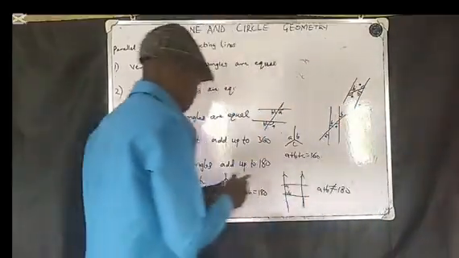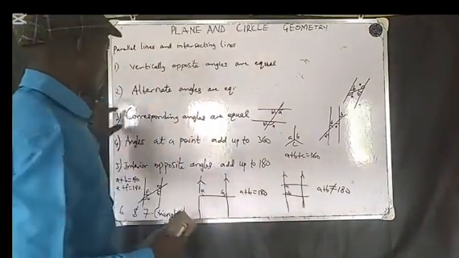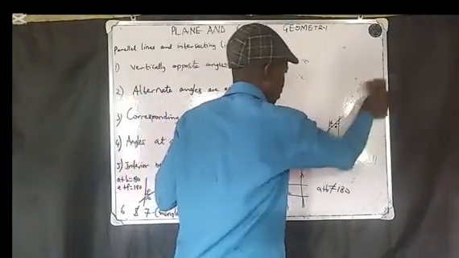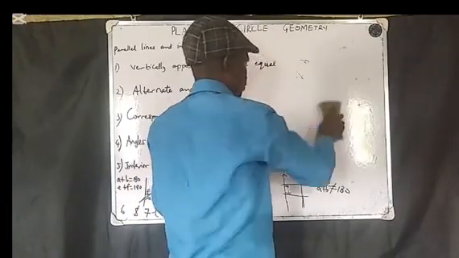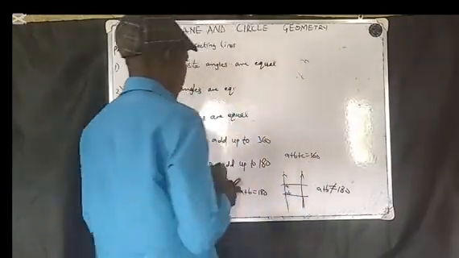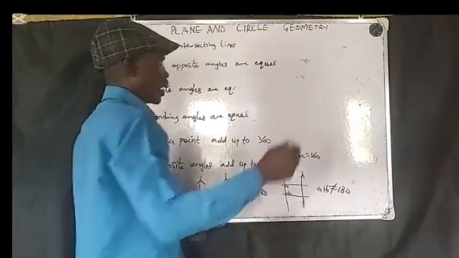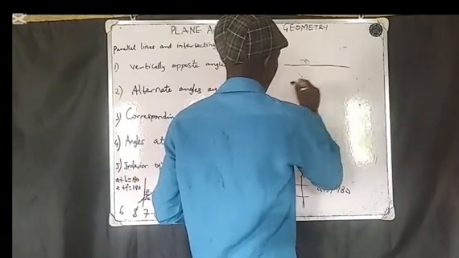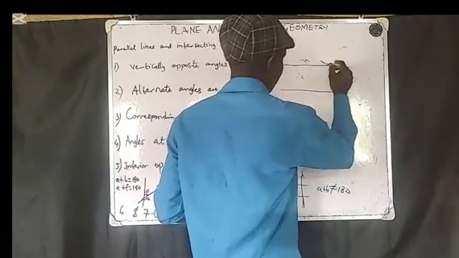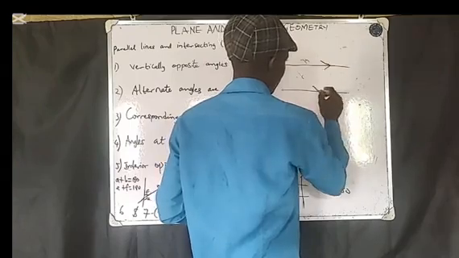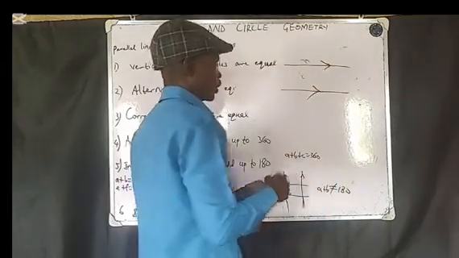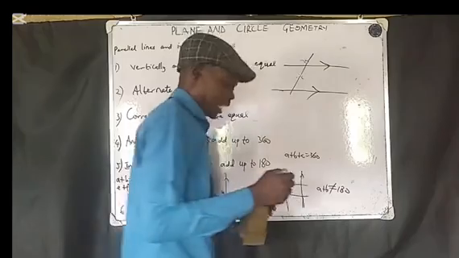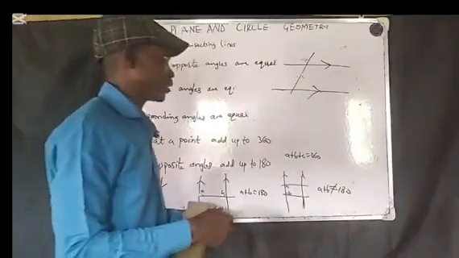The third one is corresponding angles. Now let's explain corresponding angles. To explain them, I am drawing the same two parallel lines like this and also like this. Then there will be a transversal, or intersecting line, between the two parallel lines.